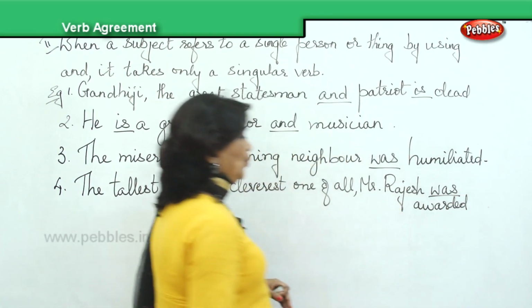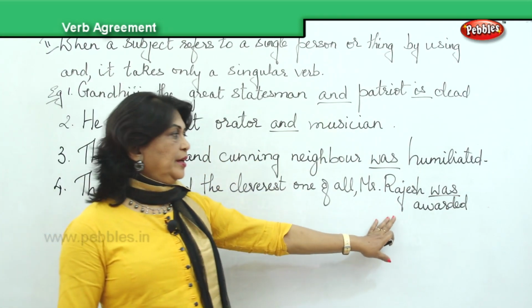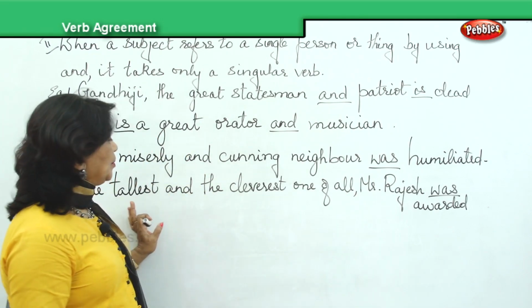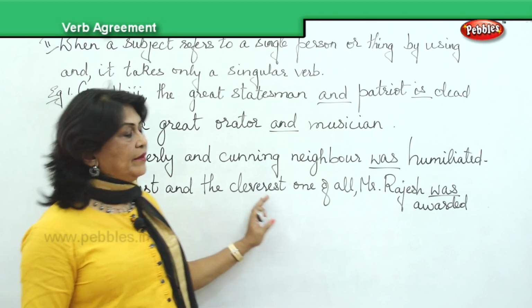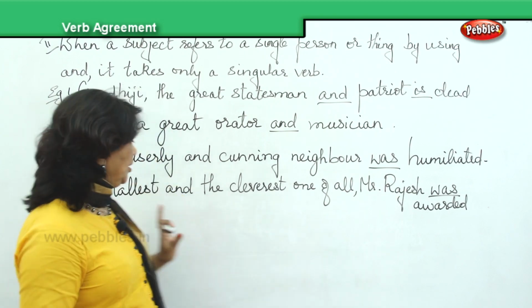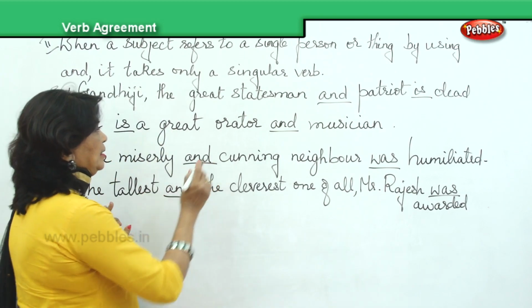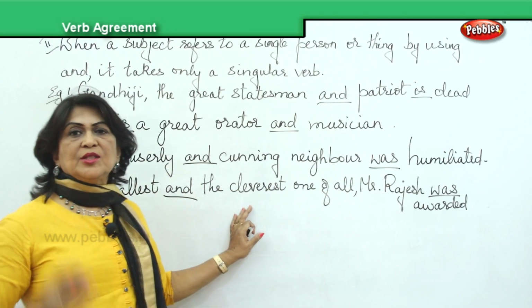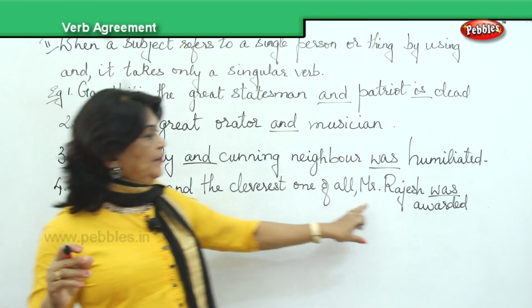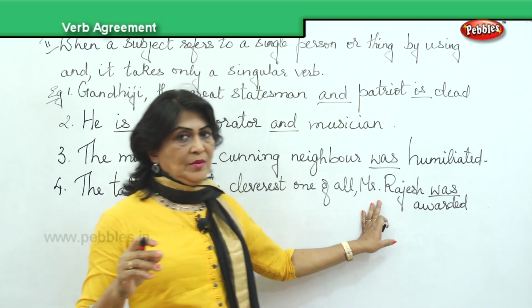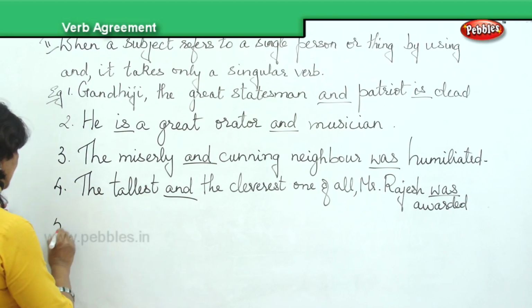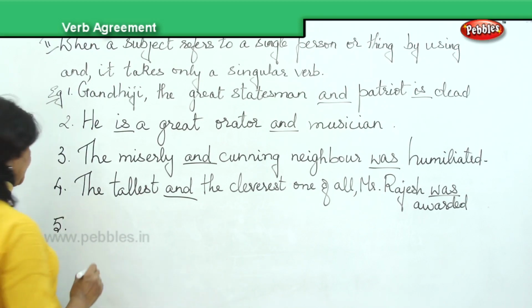Here again, was is a singular verb, it's used in the past tense, and I am talking about the tallest and the cleverest one. Here the and again refers to these two aspects, that is tall and clever, referring to the single person Rajesh. Okay, let's see the next example.